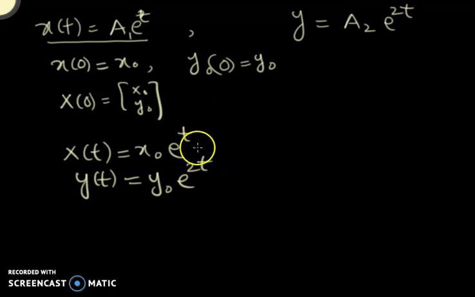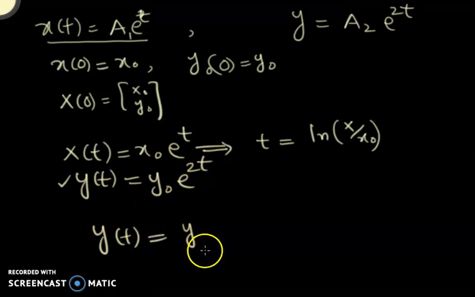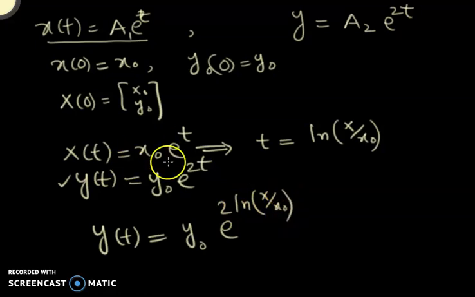But I can take the value of t from this equation and put it here. From here, t is natural log of x over x naught. Inserting this value, y of t is y naught e to the 2 times natural log of x over x naught.